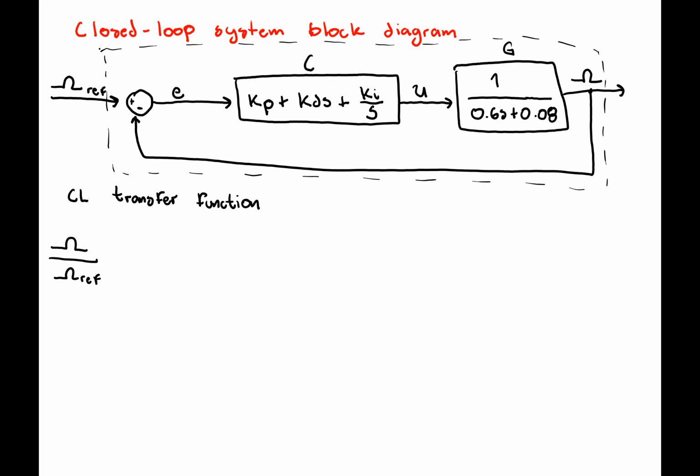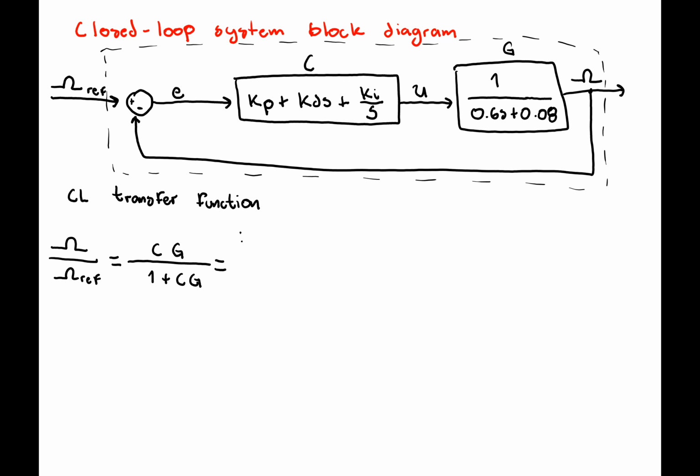The general way to find a closed loop transfer function of a feedback system is this expression, which is just the controller times G over 1 plus CG. And here I'm just going to work out the common denominator on the controller.